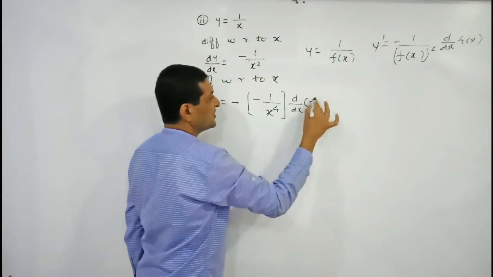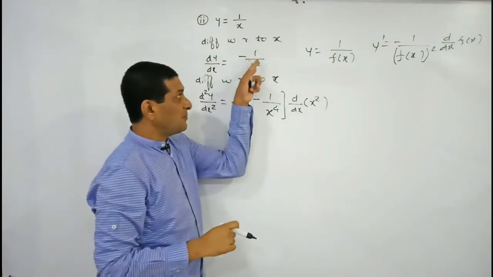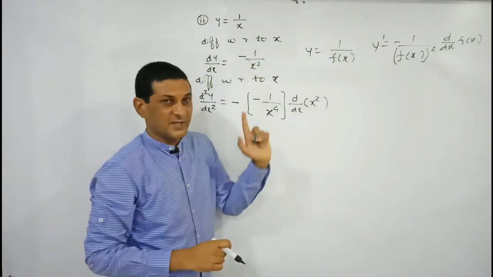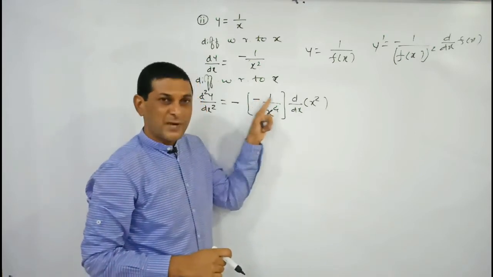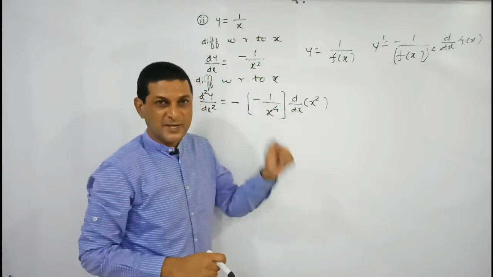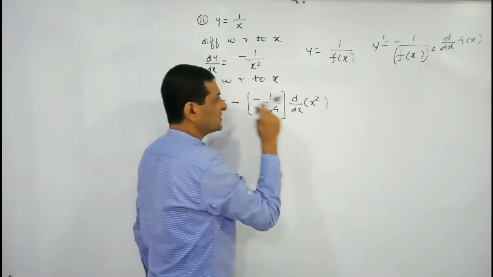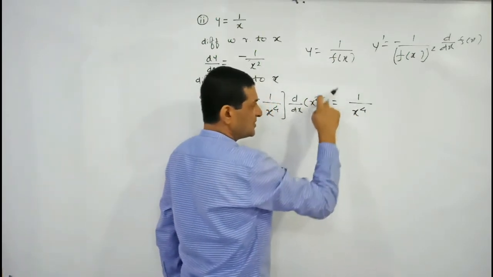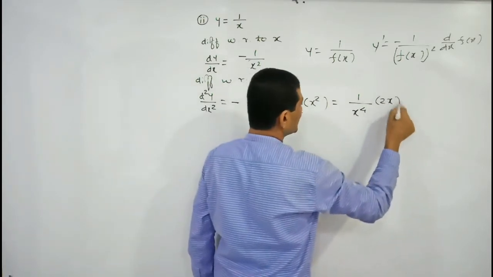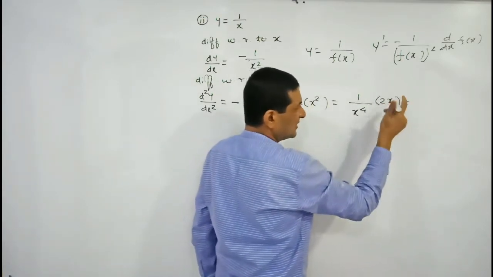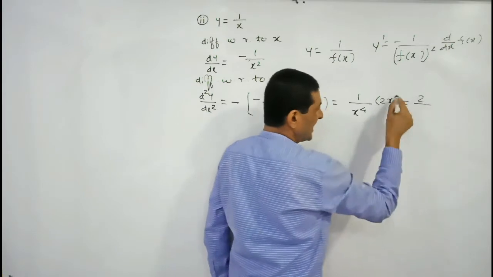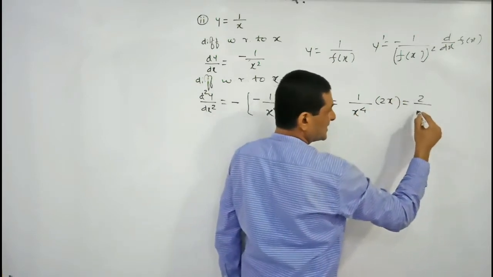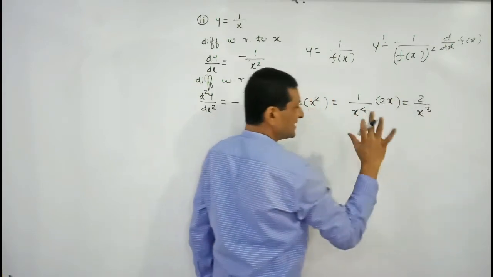What is f of x here? Is it x square? Yes, 1 upon f of x. This whole term is f of x, isn't it? So its derivative is minus 1 upon square of f of x into derivative of f of x. Now here minus into minus will become plus 1 upon x raised to power 4, and the derivative of x square will be equal to 2x. So this is equal to 2 into 1 which is 2, and x and 1x from the denominator will get cancelled. So here we will get 2 upon x cube, isn't it?